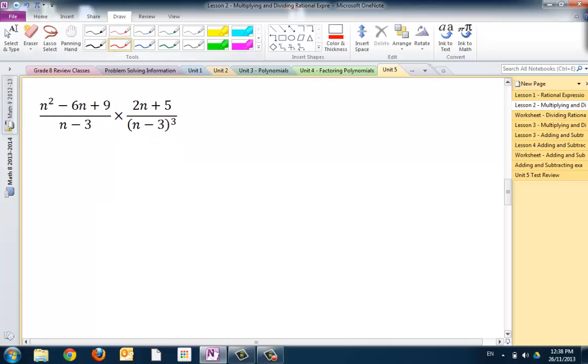All right, so, whoa, that looks big and scary, doesn't it? But remember that as we start to simplify these rational expressions, we're going to start by factoring. So when you see something like this, I'm going to start by factoring this n squared minus 6n plus 9. And I can factor that down into n minus 3 and n minus 3, all over n minus 3.